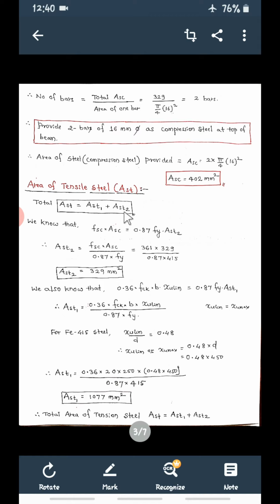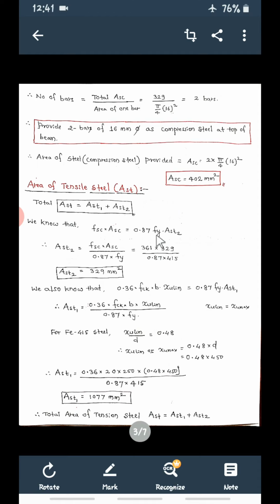When you are calculating AST2, you have to consider the steel beam. So FSC into ASC, stress into area at the top, is equal to 0.87 Fy AST2 at the bottom.